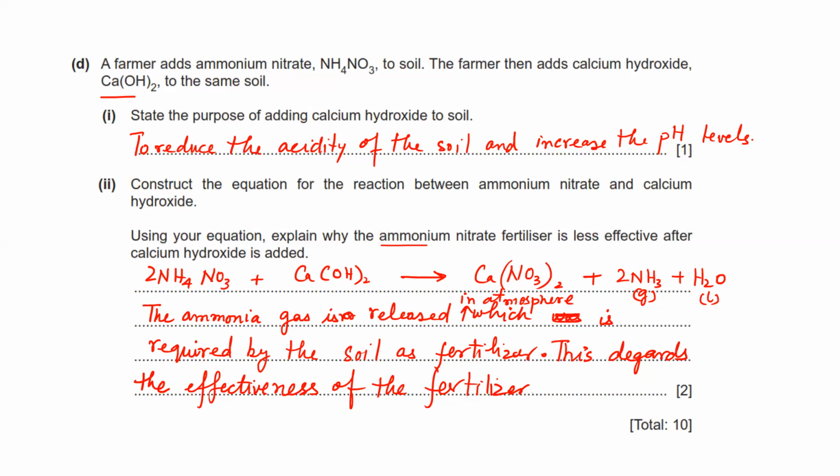But when calcium hydroxide was added, that ammonia present in the ammonium nitrate is released into the atmosphere, thereby decreasing the effectiveness of the fertilizer. So this is how you're going to answer this question.